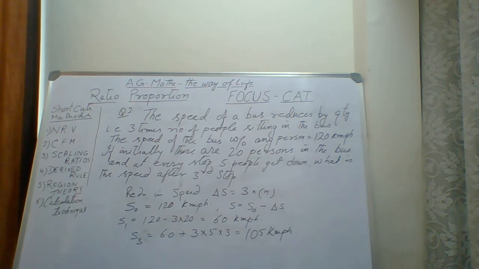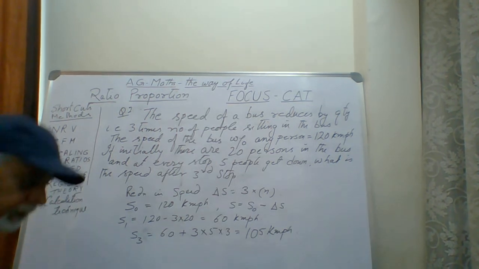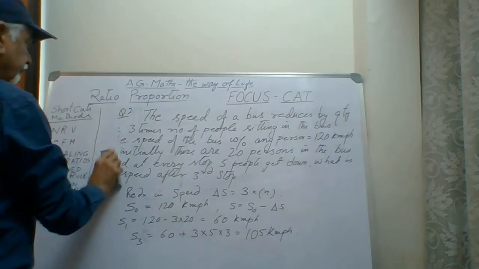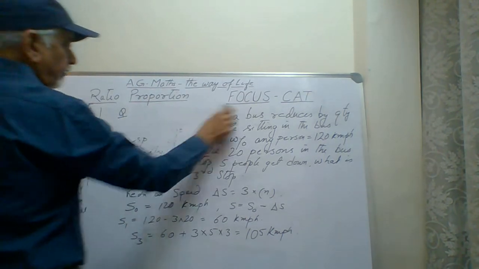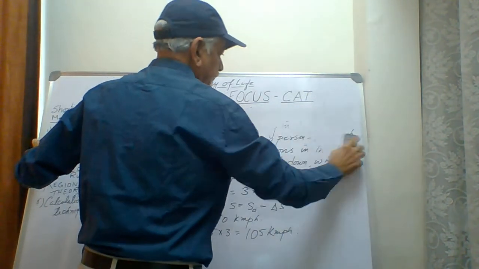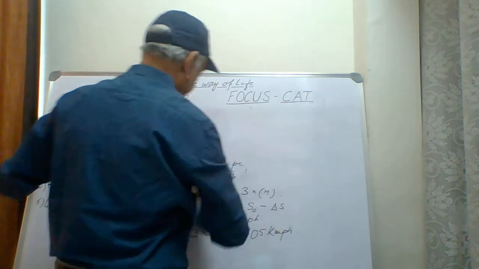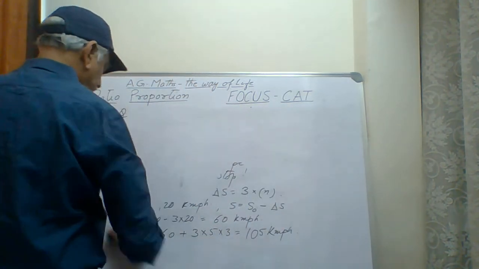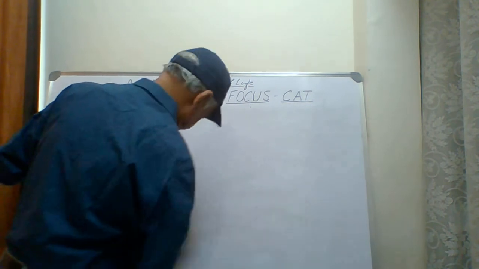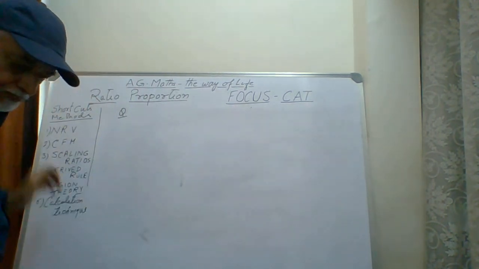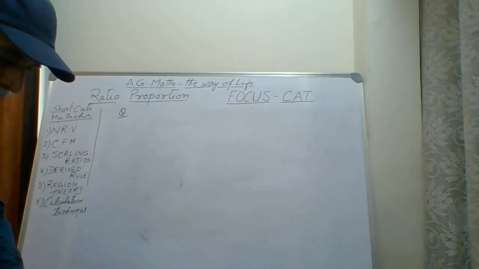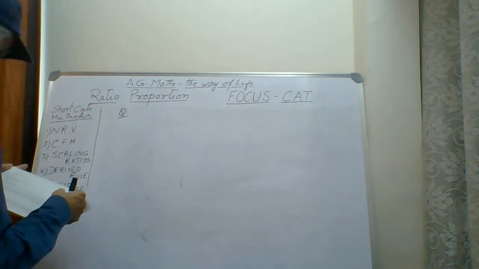Okay, now one example I will tell you about CFM. What is CFM? How we solve a problem with common multiplying factor. Here I am writing the question very fast so that you can understand.